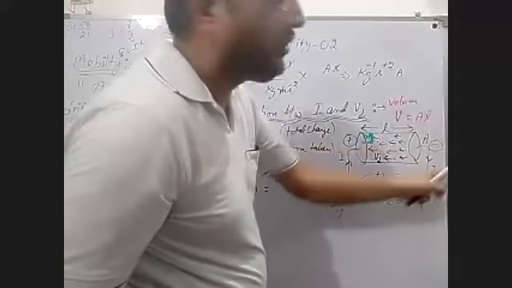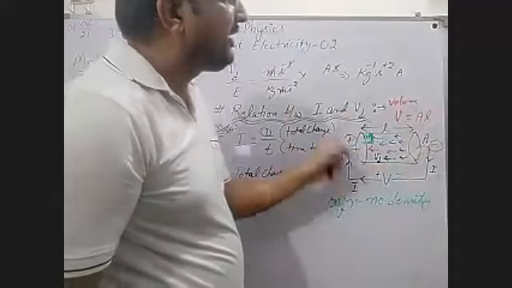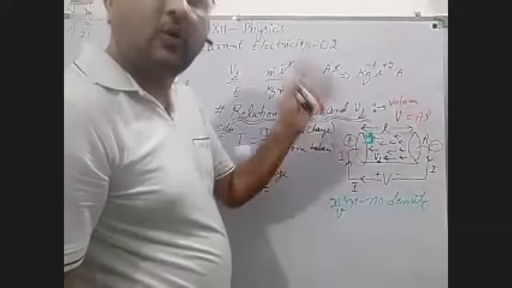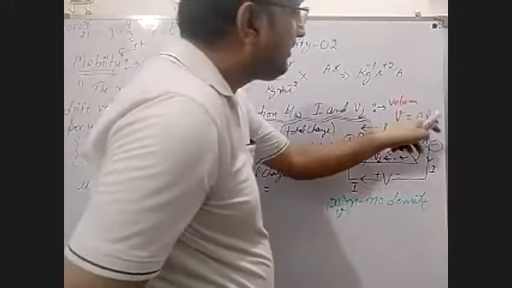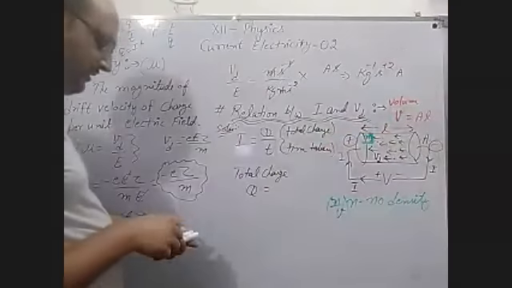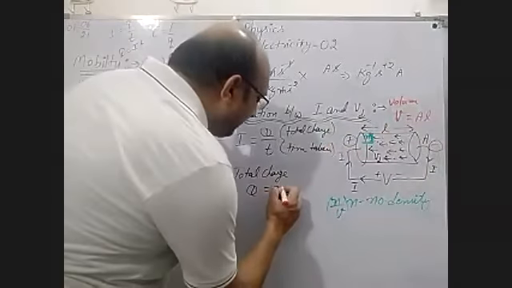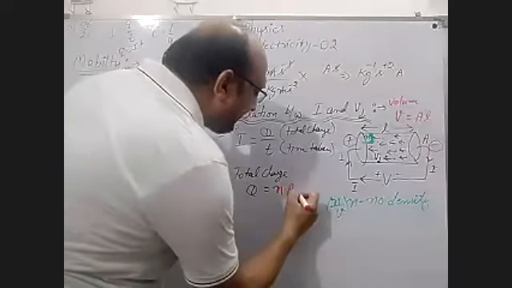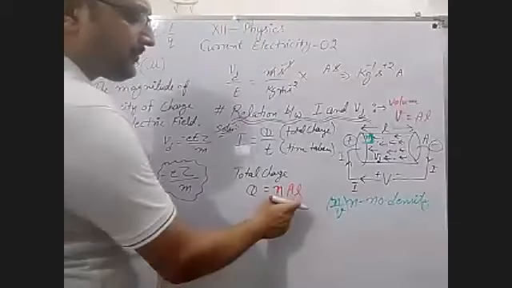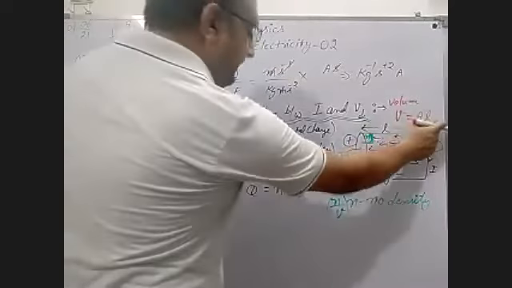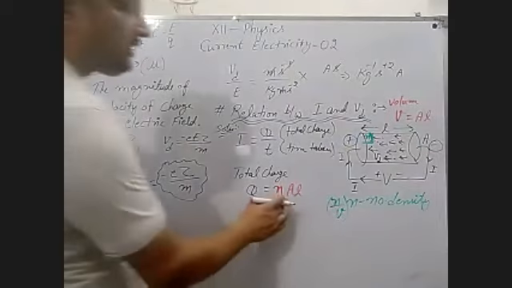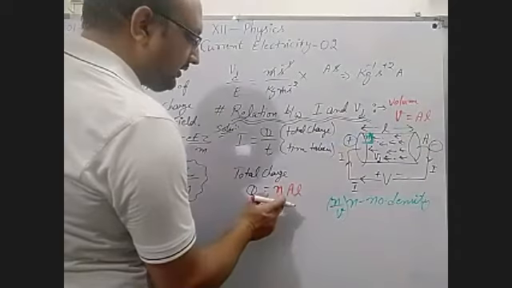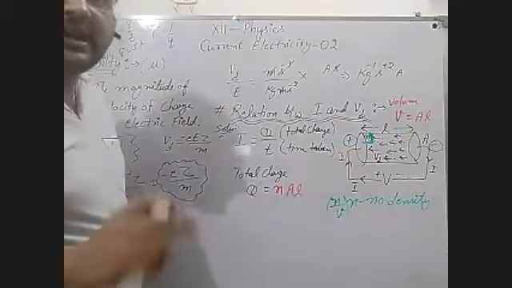Then you can calculate the number of electrons of the whole conductor by multiplying this n with its volume, meaning AL, then you can take the total number of electrons.